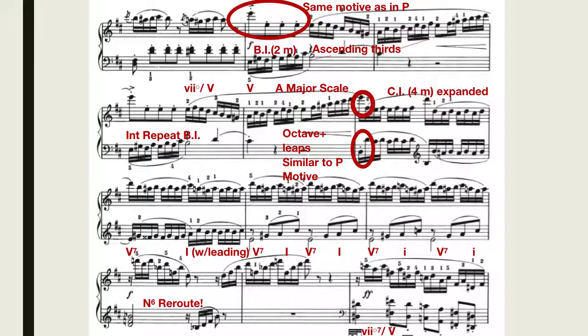He kind of makes it into a half measure and then expands it, and makes that the next 2 measures. You see we've got that 5-7-1, 5-7-1, 5-7-1, 5-7-1, and he's basically taken that measure and made this consequent way longer before we finally hit that Neapolitan, and it's a reroute.